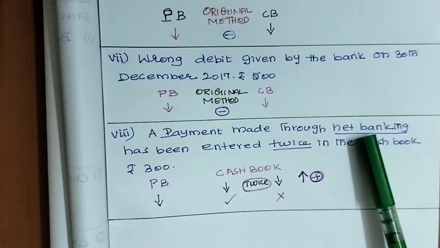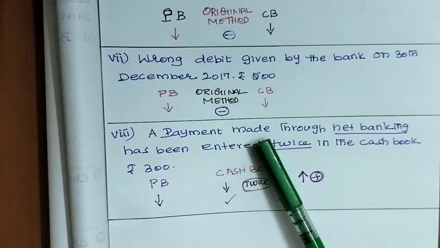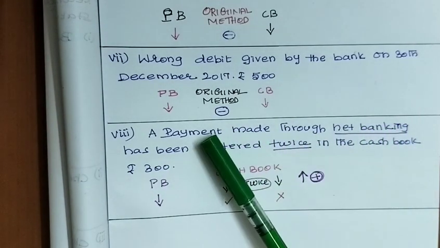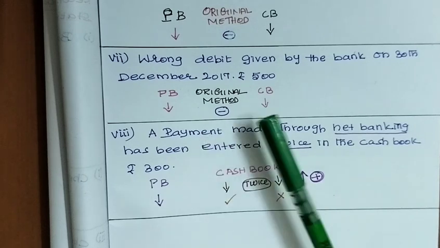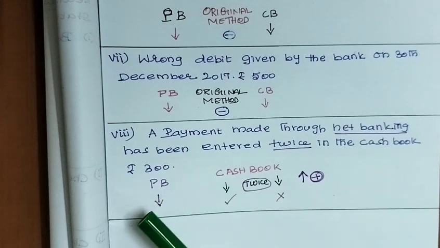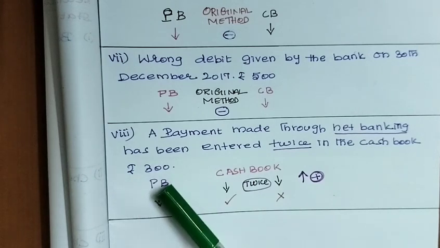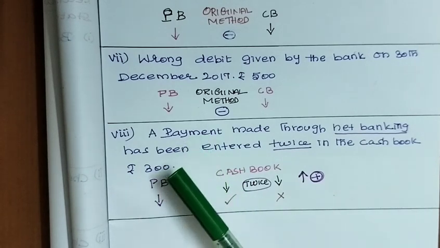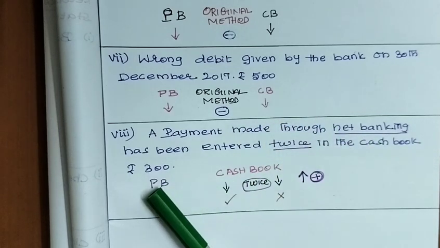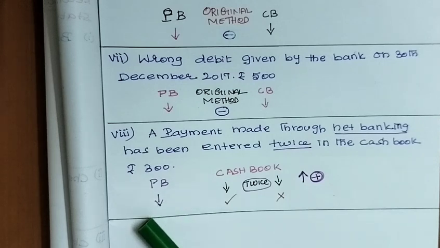So a payment made through net banking means the bank made the payment. So what about the bank passbook? Whenever the bank makes the payment, immediately the passbook will be decreased. Payment means cash goes out through net banking, so your bank passbook will be decreased, 300 rupees decreased.